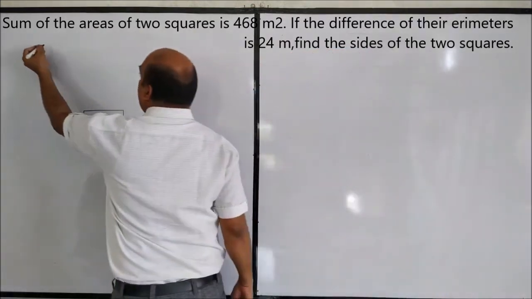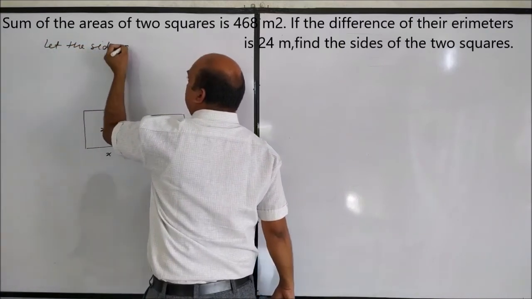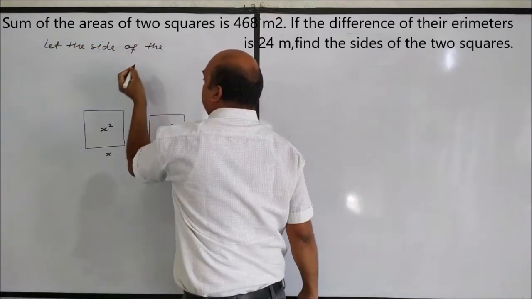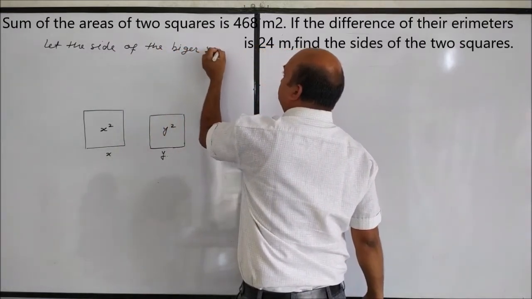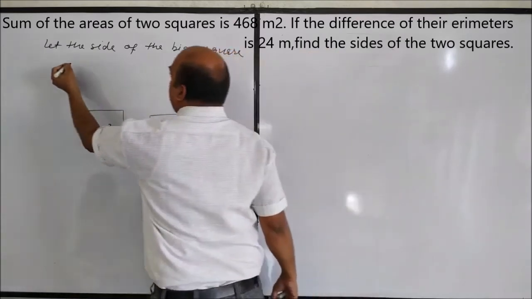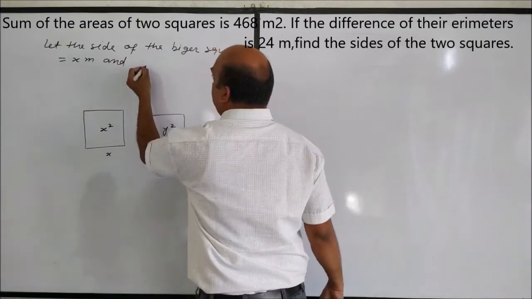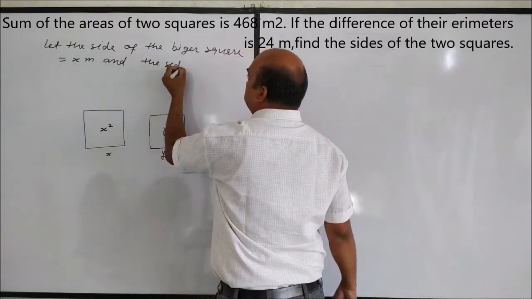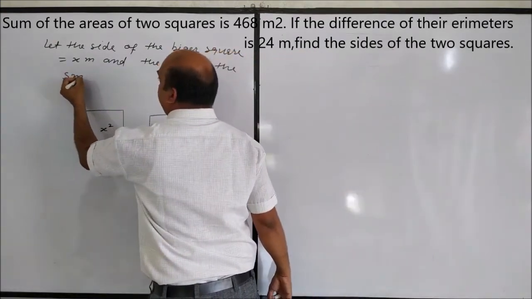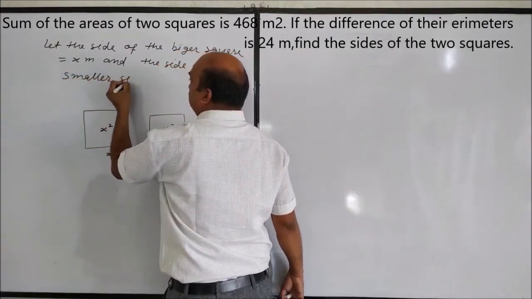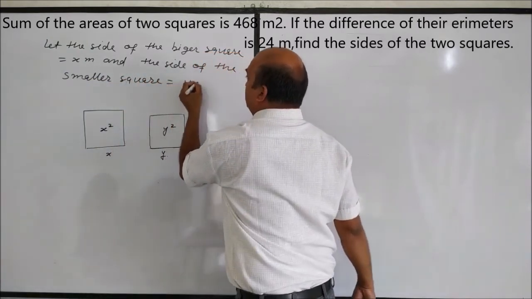We write, let the side of the bigger square is equal to x meter and the side of the smaller square is equal to y meter.